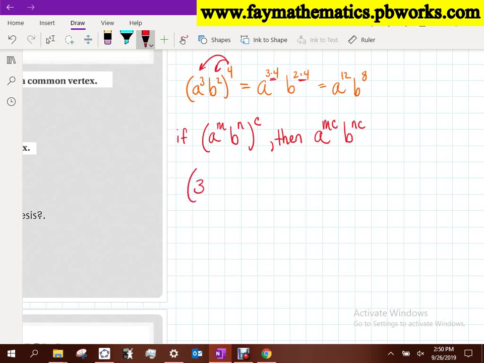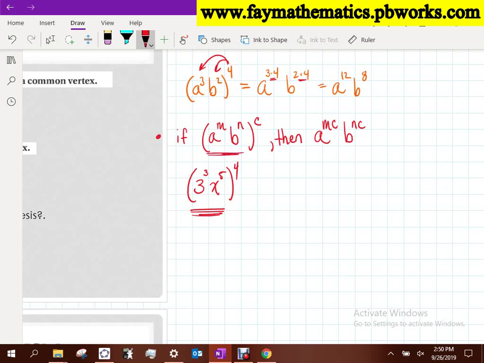And then lastly, if you learned that, then last year, in your homework, you were given questions like this. 3 to the third, x to the fifth, raised to the fourth. And you're trying to decide, well, what do I do with that? Well, this is your true conditional statement. Okay? And this matches this hypothesis, does it not?